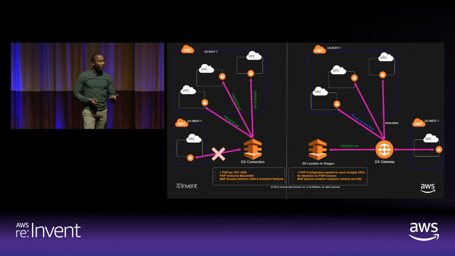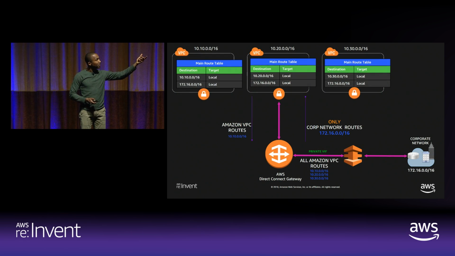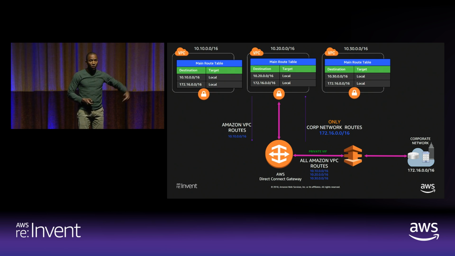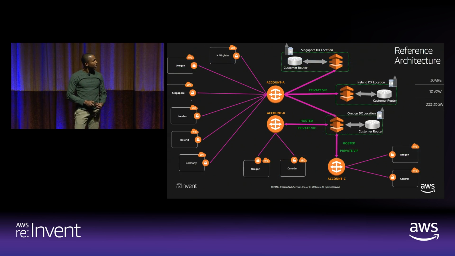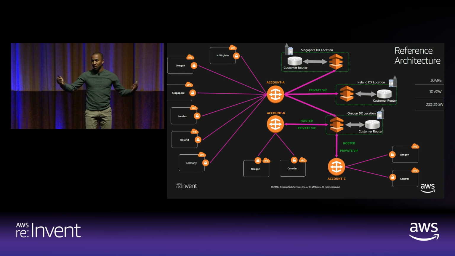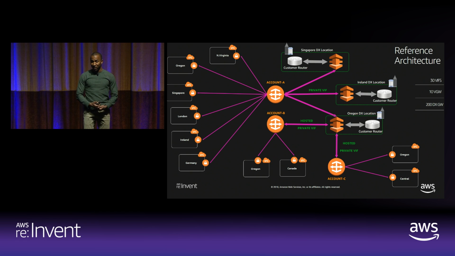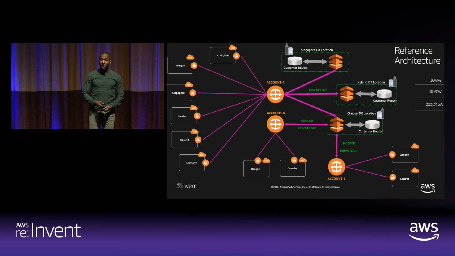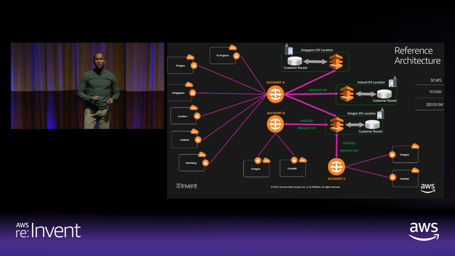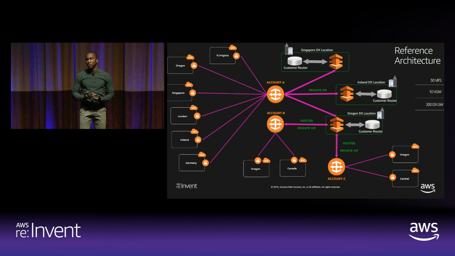The Direct Connect Gateway will then propagate the routes it learns from your VPCs to your on-premises network, and vice versa. So instead of connecting your Direct Connect links that are global to your MPLS network, you then create virtual private interfaces to the Direct Connect Gateway, because the Direct Connect Gateway is a global infrastructure.